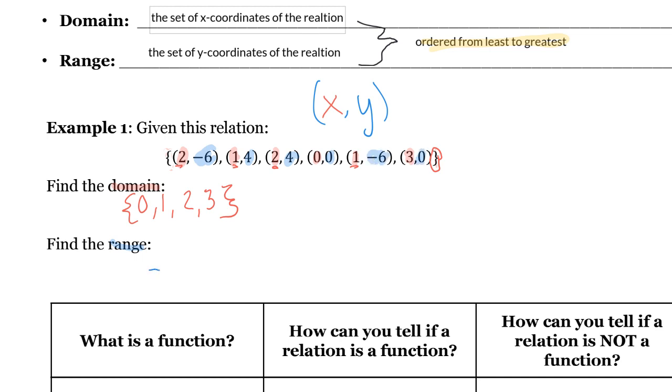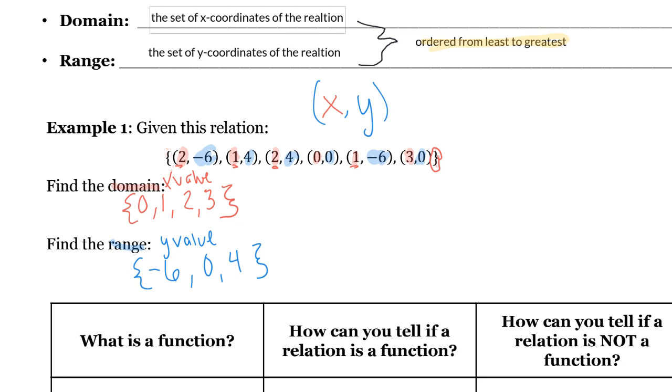So we have what? -6, 0, and 4. Again, if it's written multiple times, you just write it once. So does that make sense? So we just ordered all of the y values, and all of our x values. And that's simply all there is for finding the domain and range, okay?